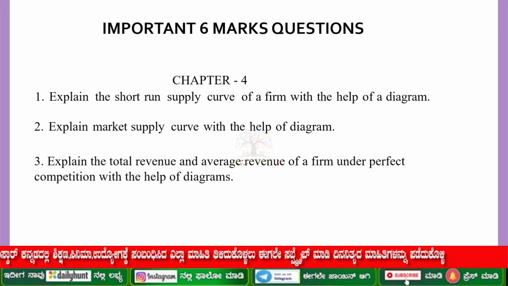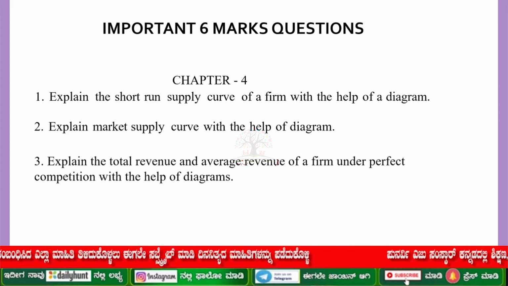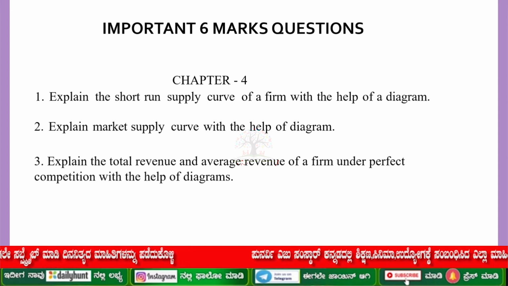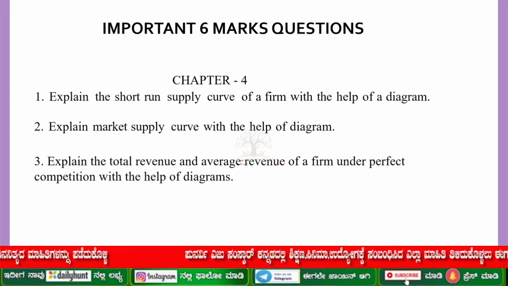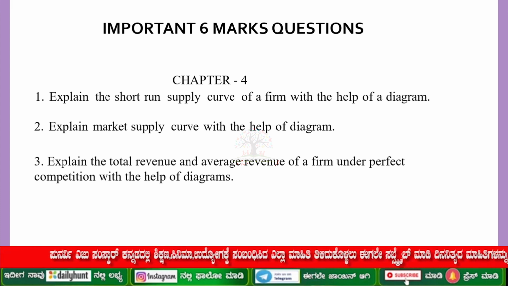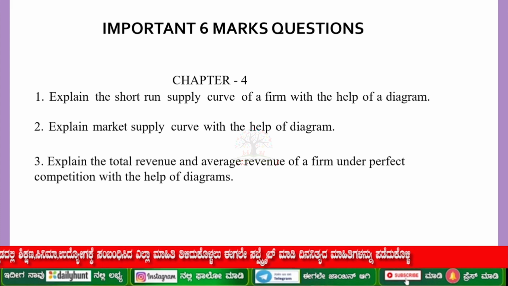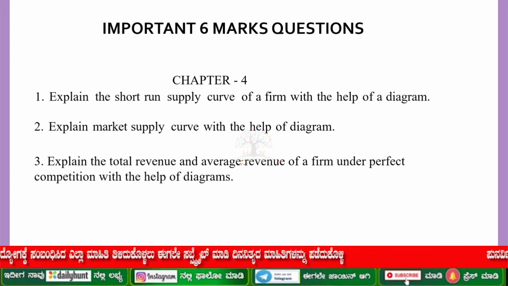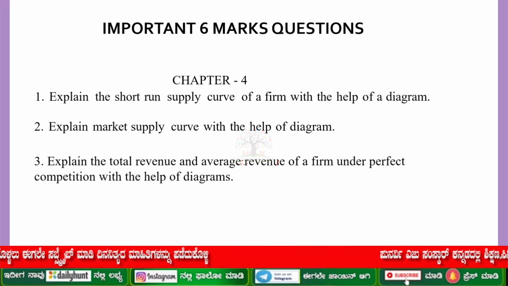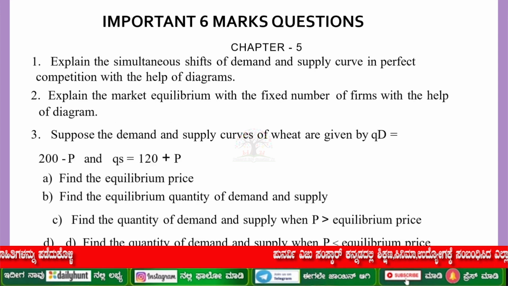From this chapter, that is theory of firms under perfect competition: explain the short-run supply curve of a firm with the help of a diagram; explain the market supply curve with the help of a diagram; explain total revenue and average revenue of a firm under perfect competition with the help of diagrams. So out of these 3 questions, 1 question you can expect for 6 marks.